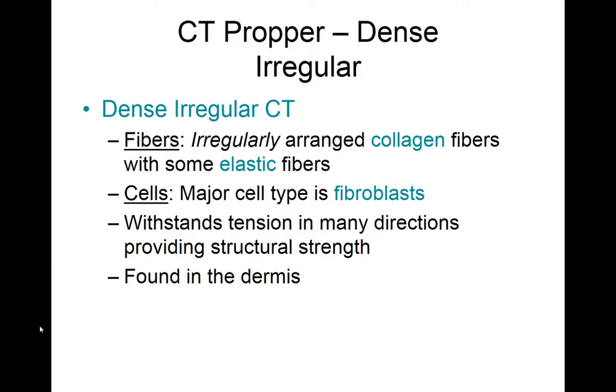That means that it can withstand tension in many directions. Because now we've got these really tough, thick, stronger than steel collagen fibers, not going in one direction, going in all different directions. So you can pull on this tissue from all different directions and it can withstand that tension.